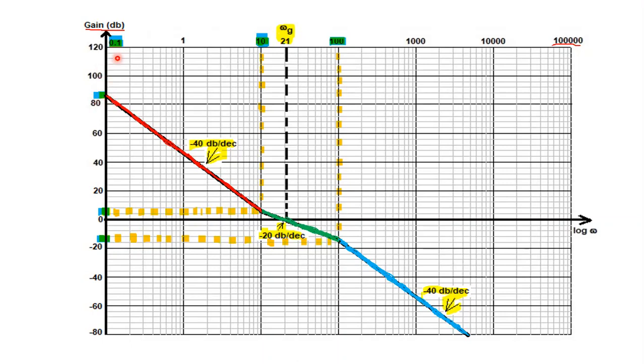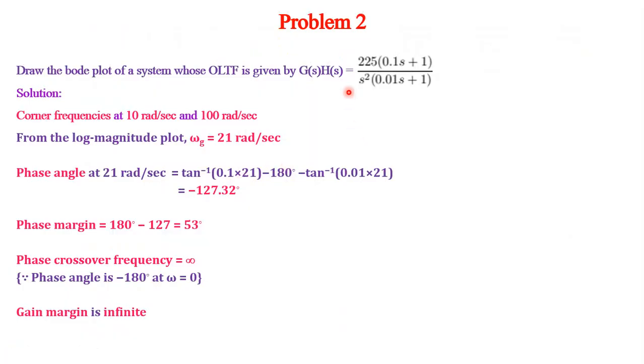So I should be able to accommodate 84, 85 dB, and I know that the initial slope is minus 40 dB per decade, right? I have not put the table and all that because I have already explained in the previous problem. So this factor alone will always give the minus 40 dB per decade slope.